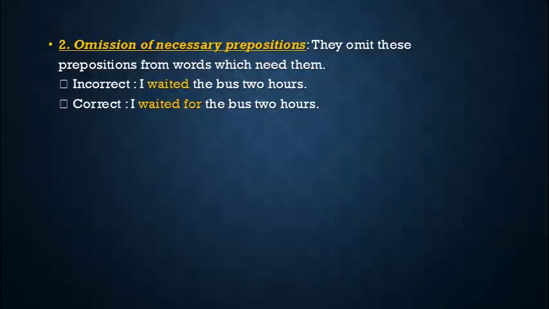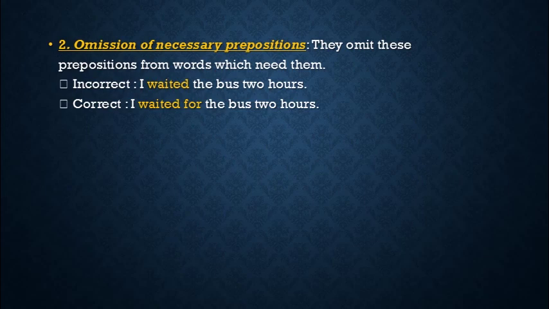The second kind of error is omission of a necessary preposition, which is the opposite of the first kind. The first type was inserting an unnecessary preposition, where the place does not require a preposition and the speaker inserts one. Here it is the opposite. This place requires a preposition, and the Arab learner would omit it.